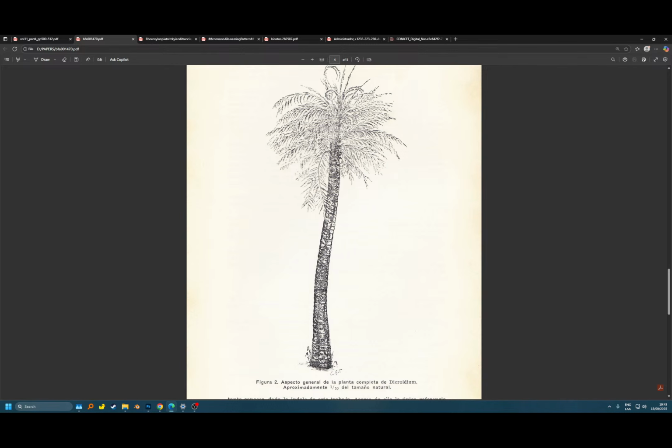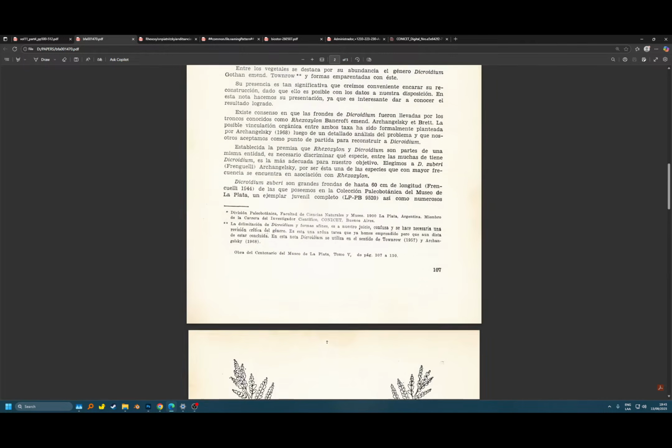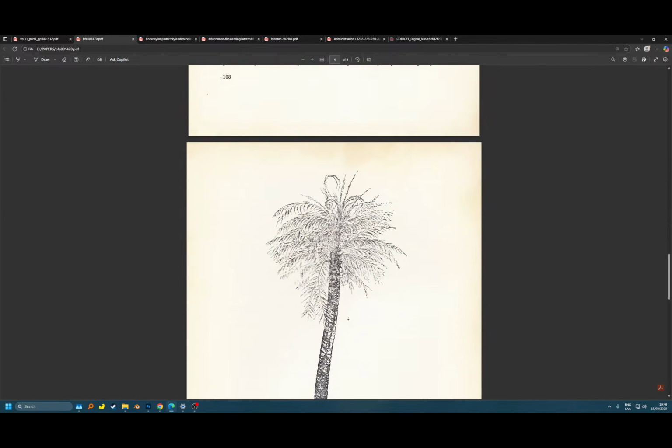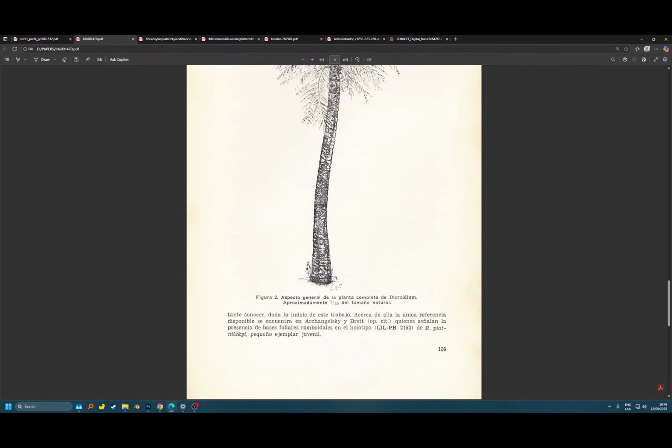The scale of this drawing, I would say, is wrong, because if this frond is a bit over 60 centimeters long, the scale of this thing, that is supposedly 30, I want to say 35 centimeters of diameter and 20 centimeters of length, so you have a small fragment of the stem, of the main trunk, right?